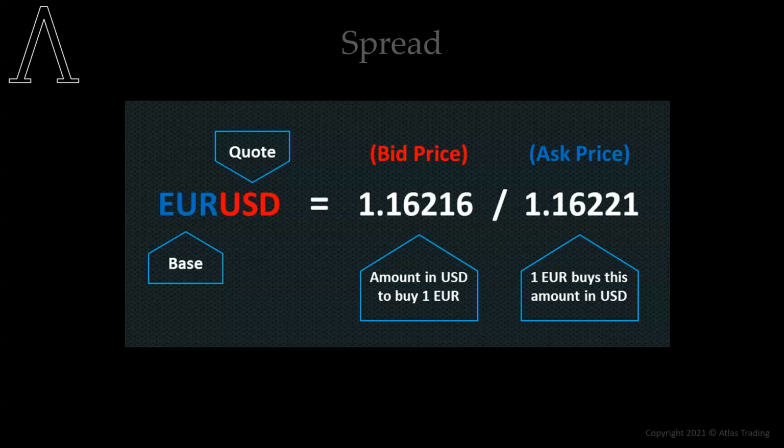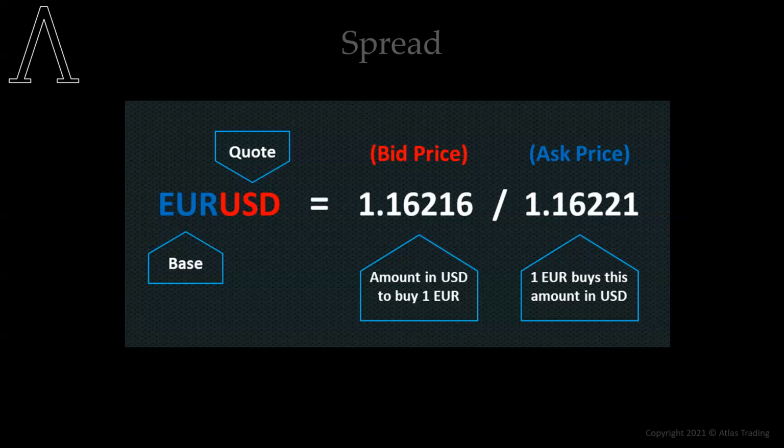Here, the fourth digit is the pip value and the fifth digit is the pipette. In this case, you've got a spread of 0.5 pips, which is quite a good spread on euro dollar. That's what you're going to be paying the broker when you enter your positions. It's as simple as that.